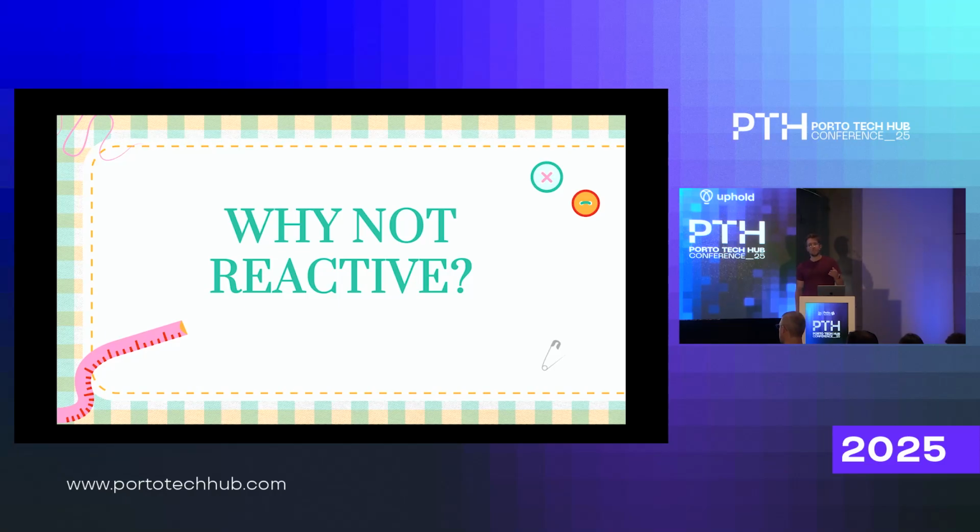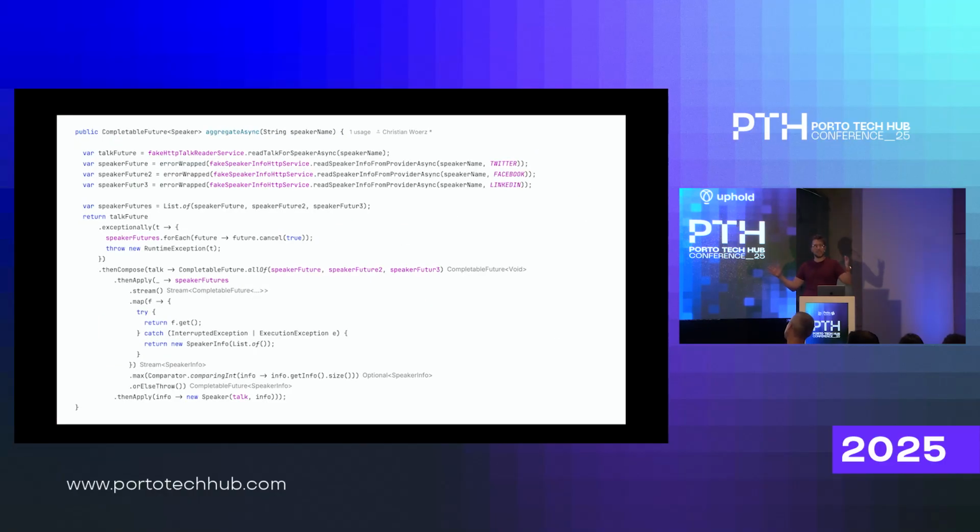You would have to rewrite your complete endpoint until your database to make this asynchronous, because you would have to use like completable futures. You would have to also use web client instead of REST client with Spring Boot. When you're using a database, you would have to use an R2DBC driver instead of a JDBC. So you would have to rewrite everything, also all your calls or your functions, everything has to be asynchronous.